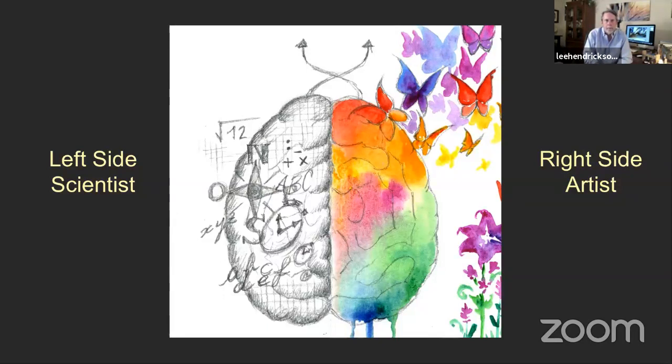Well, there was a theory that our brains were very isolated, or segregated, that's a better word, and that artistic capabilities came from the right hemisphere, and the more analytical from the left.